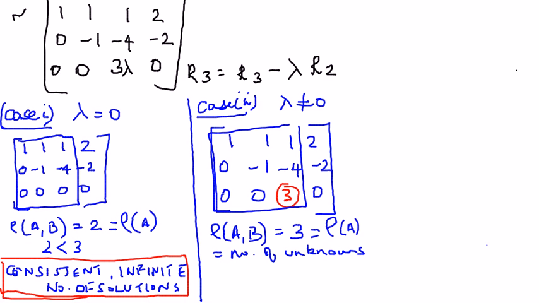The system is consistent, right? Because the rank is same, and since the rank is equal to the number of unknowns, we will say that the system will have a unique solution.